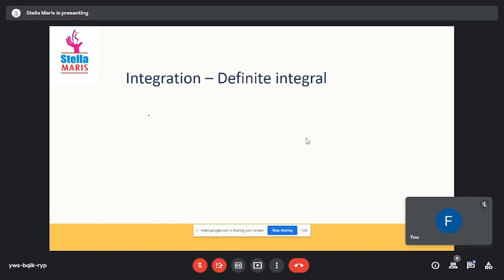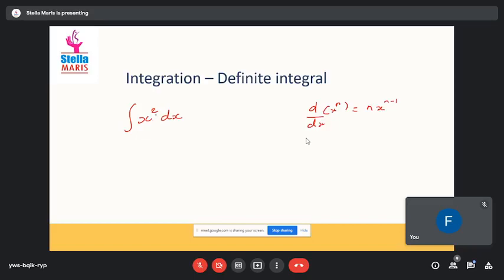Okay, I'll just tell you a simple example. Let's say it's x squared. If I integrate this in terms of dx, what happens here is, in differentiation, that is d by dx of x power n, you get n x power n minus 1.